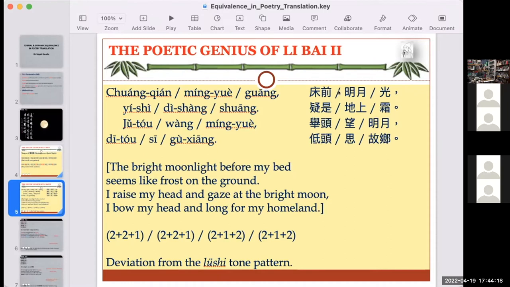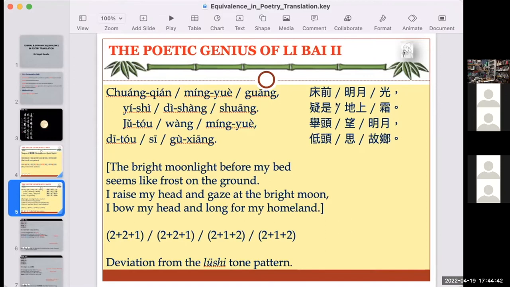So also in Chinese, you may call this hiatus or pause, dun. Dun means, in English, caesura, C-A-E-S-U-R-A, meaning hiatus, meaning pause.